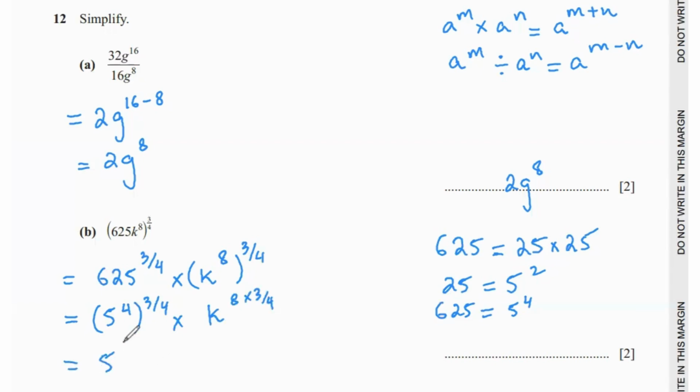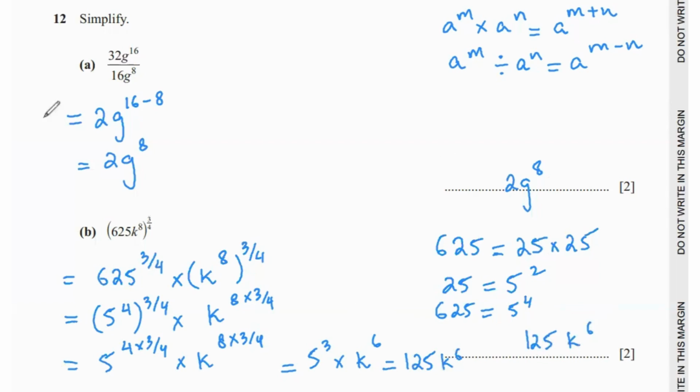And for 5, it's going to be 4 times 3 over 4. So now if you simplify the powers, what we will have is 5 to the power of 3 times k to the power of 6. 5 to the power of 3 is 125. So 125k to the power of 6 is our final answer.